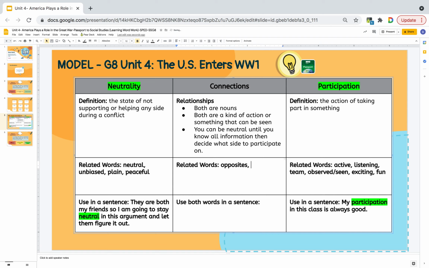Remember, any connection is a valid connection. I can write opposites. I can write group, because whether you're neutral between a group or you're participating in a group, it still relates to groups. Something that can be seen or observed. I'm going to write observed just to shorten it.